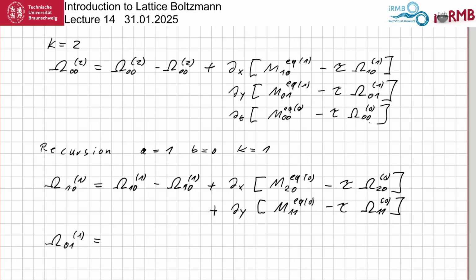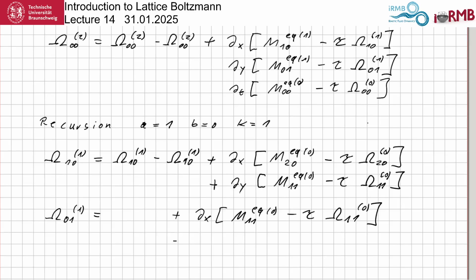Okay, I'll skip over this boring part and say this is dx. Now it's obviously 1, 1, right? Equilibrium zero order minus tau omega 1, 1, zero order plus dy 0, 2, here it is, to zero order minus tau omega 0, 2 to zero order.